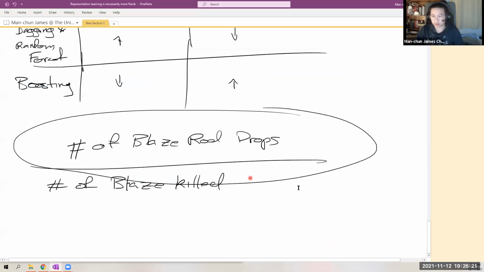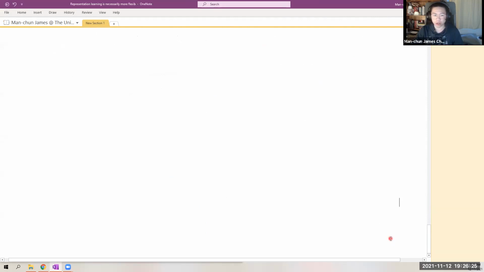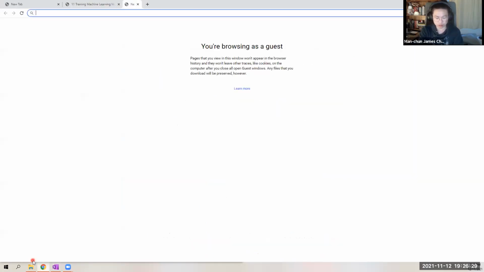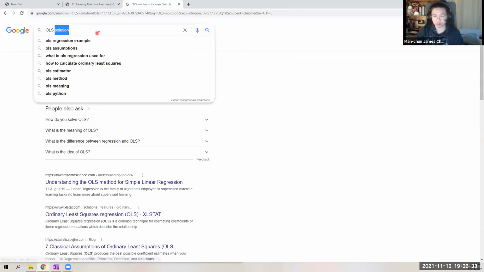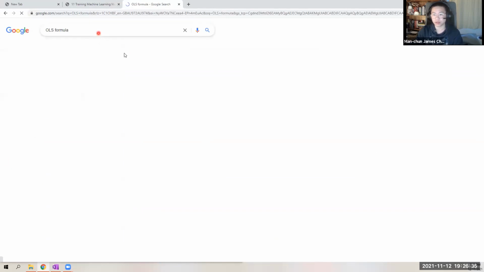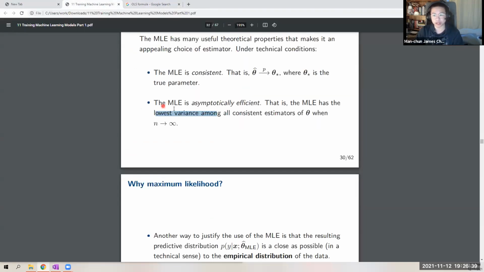Another thing that people say is that the OLS solution, this formula here, is the maximum likelihood estimator, which has the lowest variance amongst all the consistent estimators.